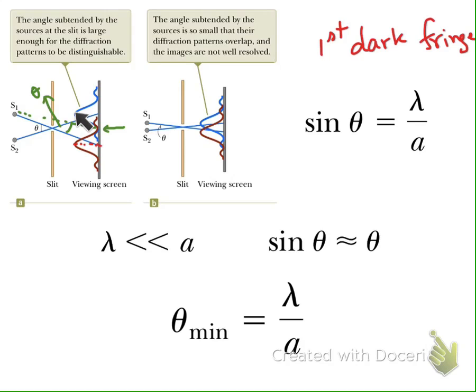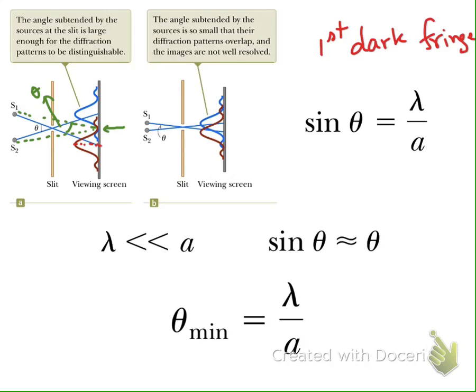If you want to resolve the images of these two objects, this angle has to be the angle for the ray from the second object. If you draw the line for the ray of the second object, it has to be at this angle theta, so that the bright fringe of the second object is at the dark fringe of the first object, in the opposite direction. So this is the condition that the central bright fringe of the first object will be on the dark fringe of the second object.